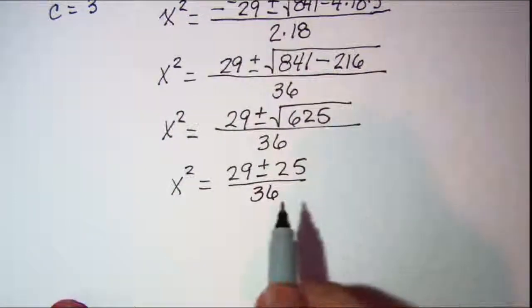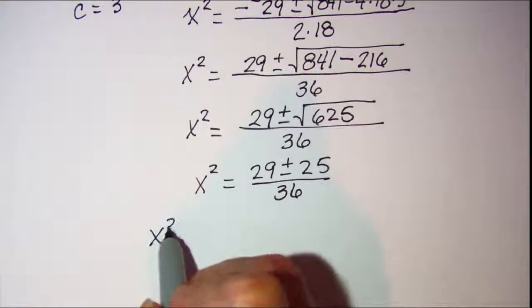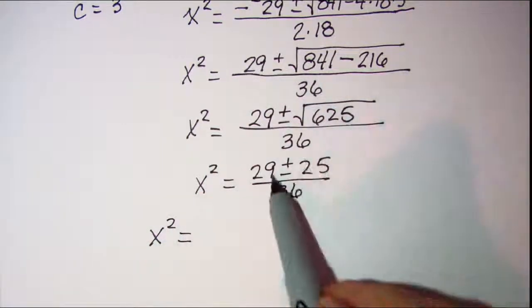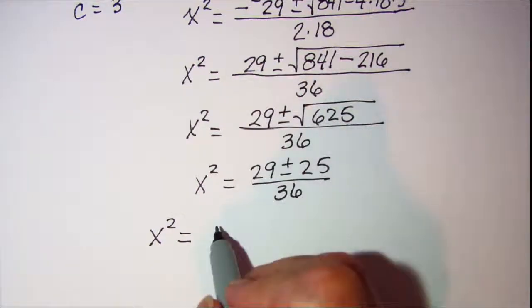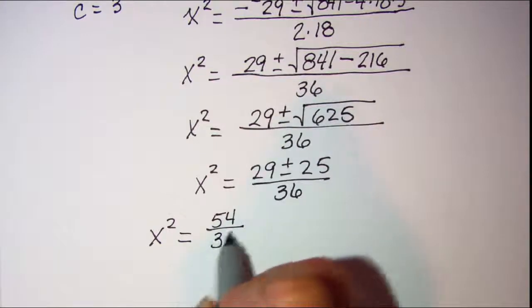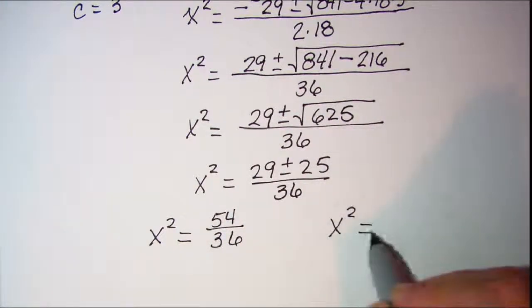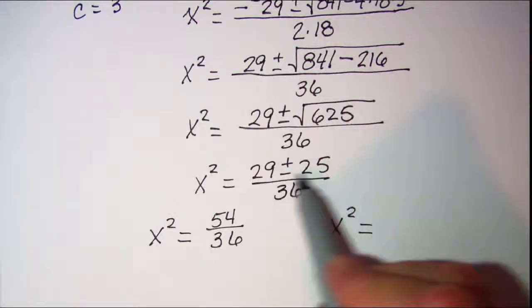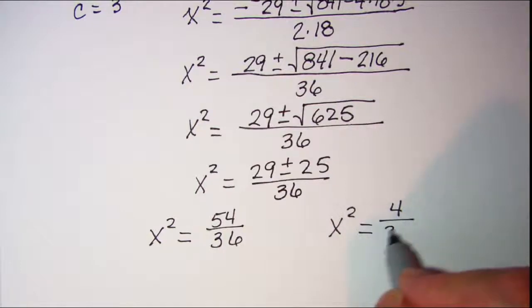Let's get our two solutions first. I have x squared is equal to 29 plus 25 is 54 over 36. And then x squared equals 29 minus 25 is 4 over 36.